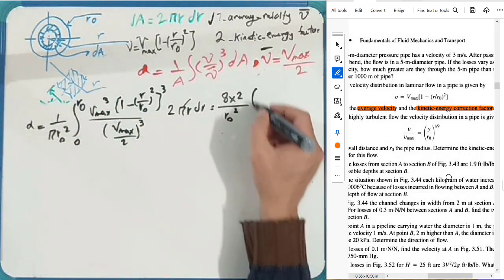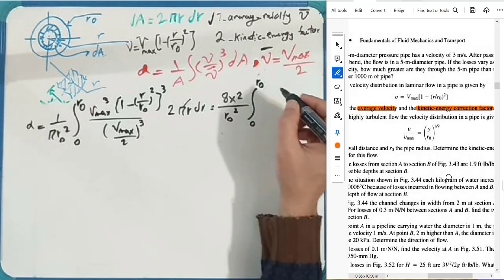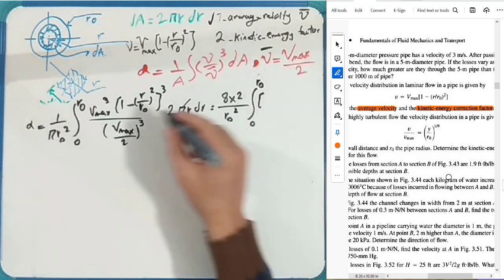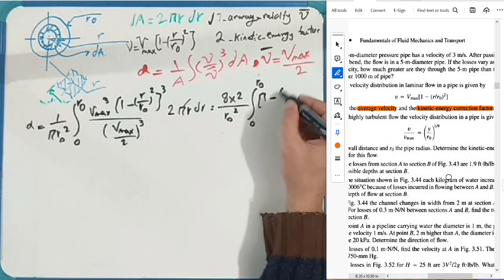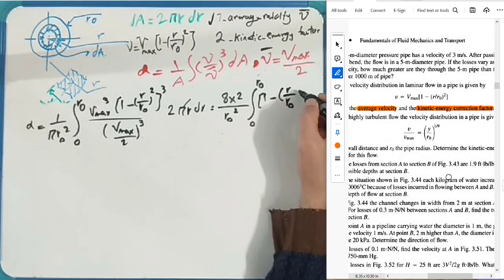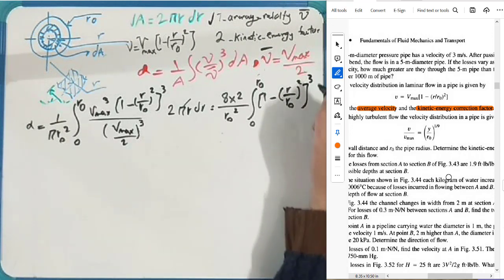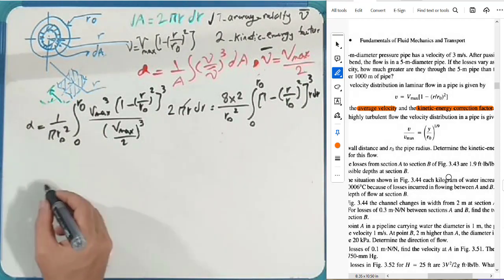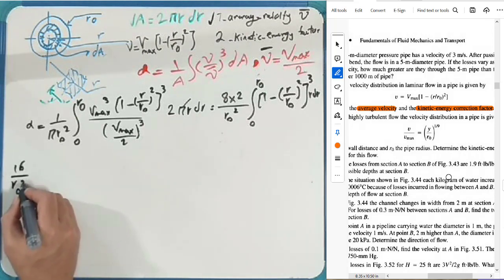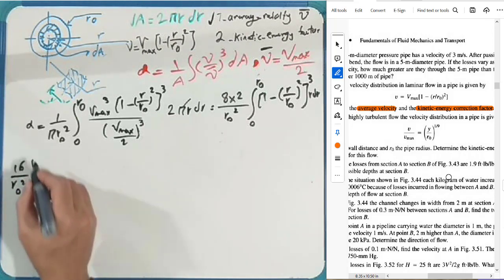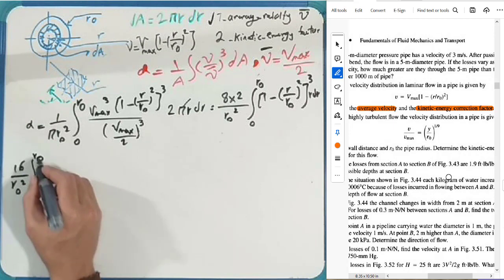Okay, integral of 0 to R0, just we have this one, (1 minus r over R0), all of them with power of 3, r dr. Okay, then it would be like that, 16/R0² integral of 0 to R0.